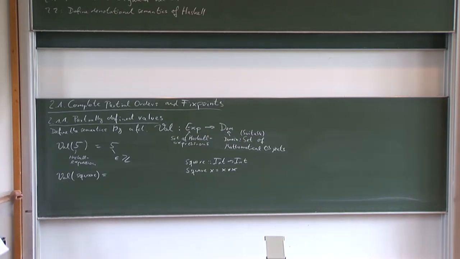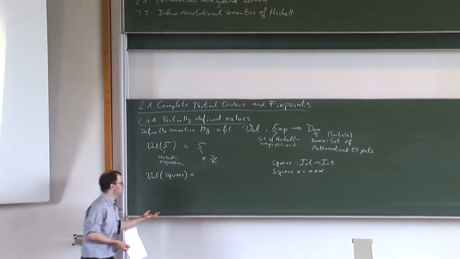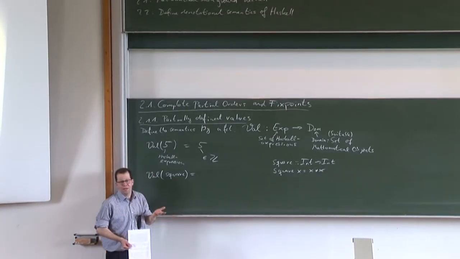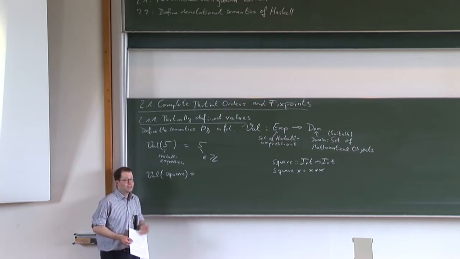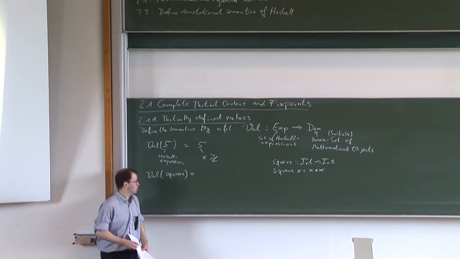Now, square is again a Haskell expression. It's a variable, but this variable has a certain meaning, because there's this equation saying that square of x is x times x. So what should the value of this Haskell expression be? Well, it should not be a number. It should be a function. It should be the function from integers to integers which squares numbers, so which takes a number and gives us back the square of the number.